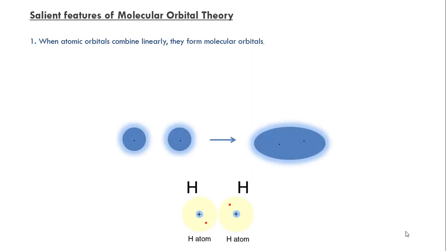Here we can see the two atomic orbitals of hydrogen, and when the two hydrogens combine, the atomic orbitals of the two hydrogens are combining with each other here and forming a hydrogen molecule, H2 molecule. We can see here the two positive charges represent the two nuclei of each hydrogen atom.